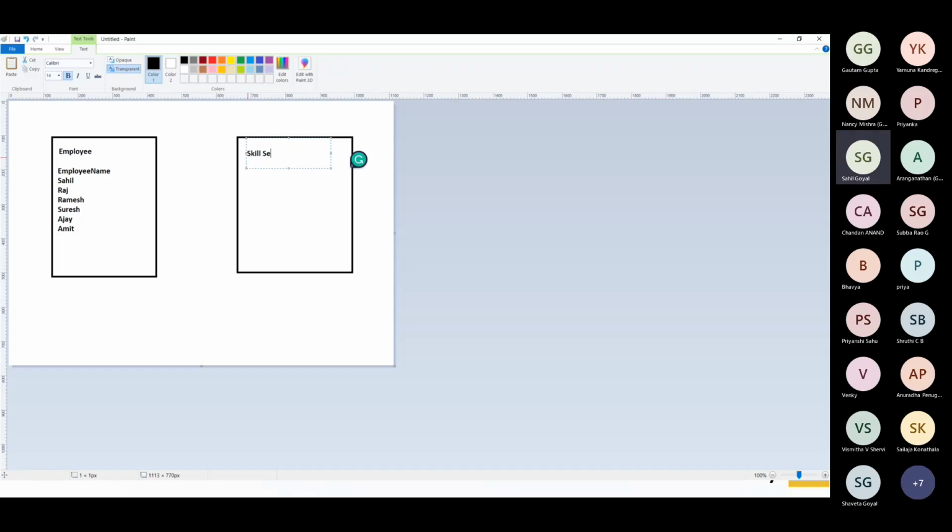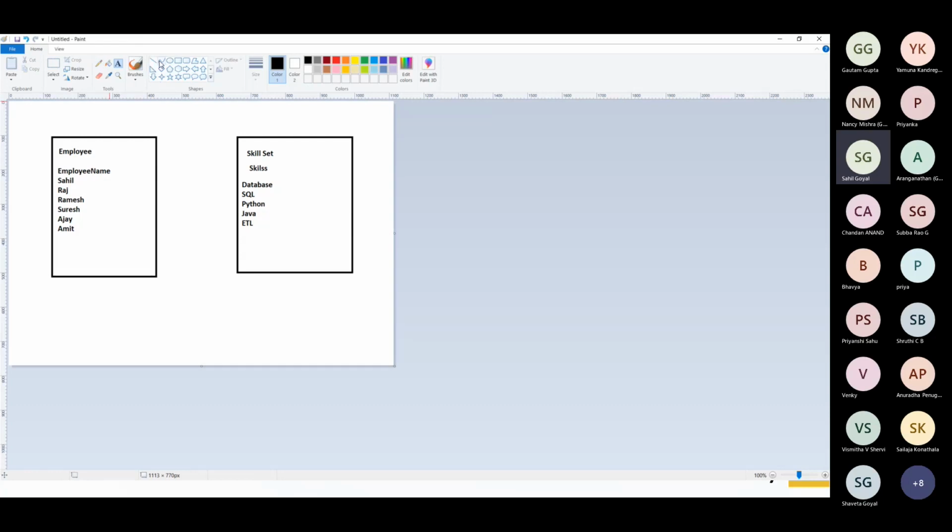As part of the skill set table, we will have multiple skills. Let's say someone has skills in database, someone has SQL, then Python, Java, ETL, etc. So here, what can happen is one employee can be linked to multiple skills, right?